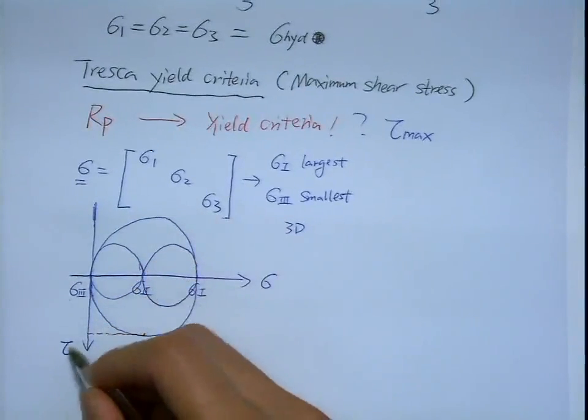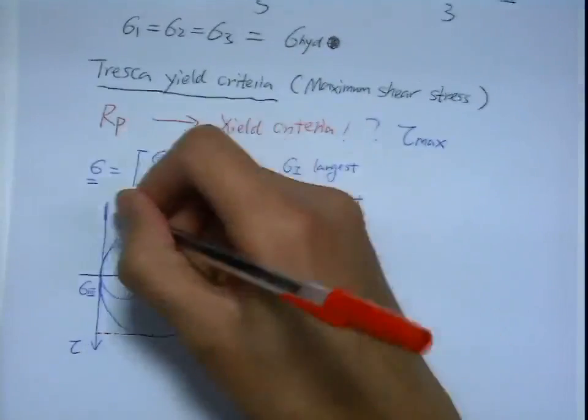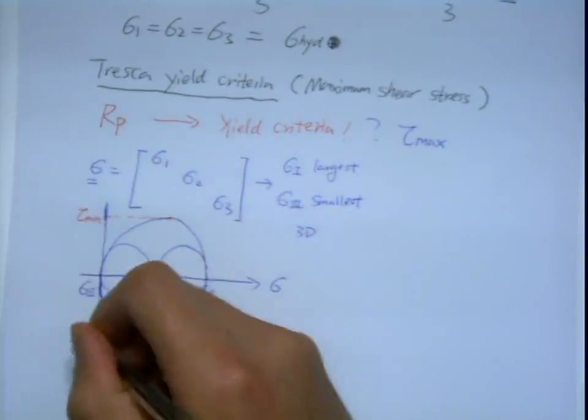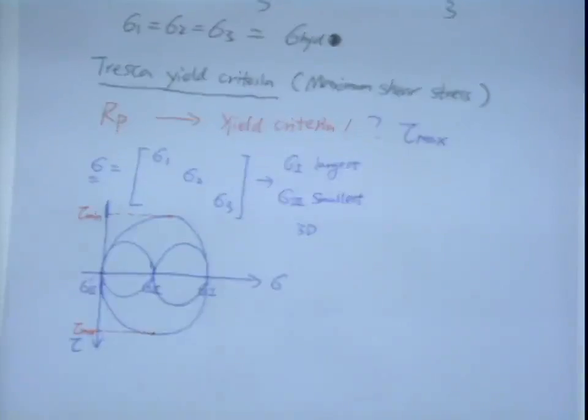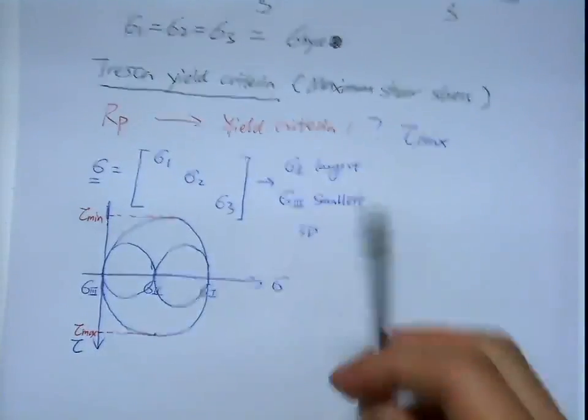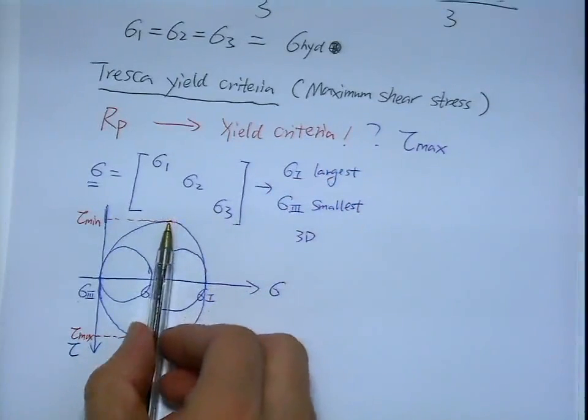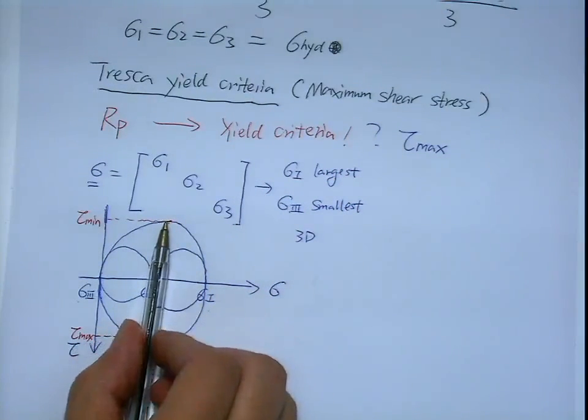If you look at this shear stress line, maximum and minimum, so this is the tau min, this is the tau max. Since it's a circle, if you have a line here and rotate it, the length is the same.